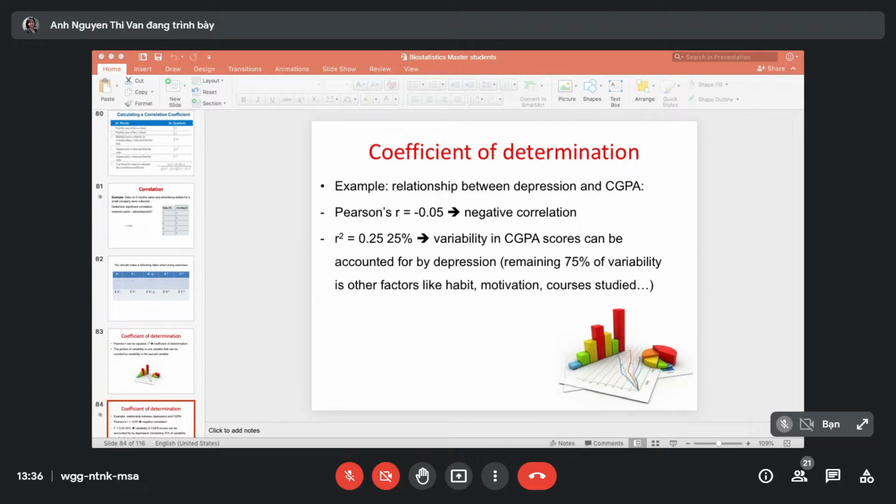Depression is not the main factor that affects the score; there exist many other factors that account for 75%. So it helps you in studying and trying to find the correlation and factors that can affect the variable you are interested in.